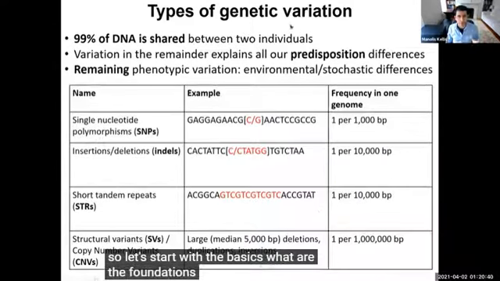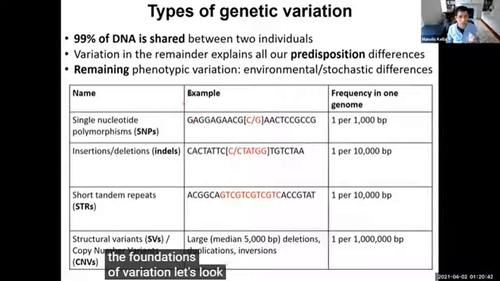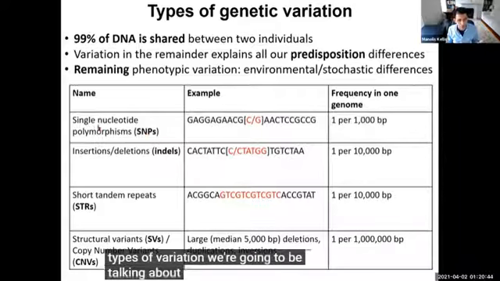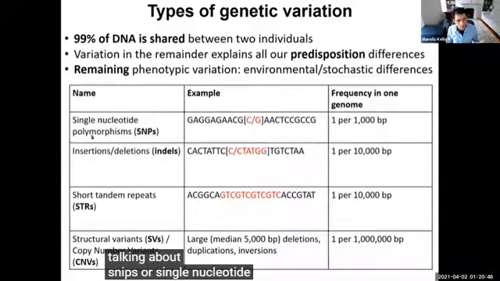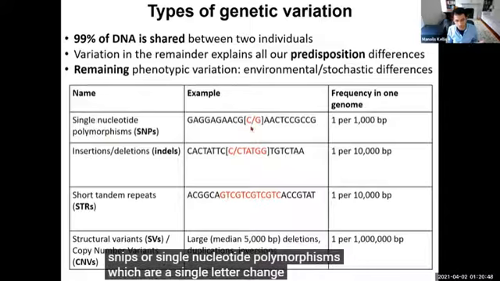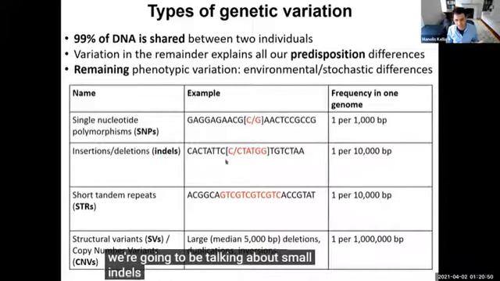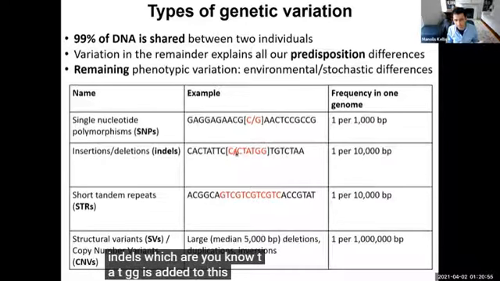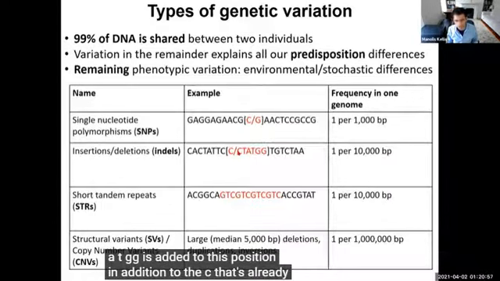What are the foundations of variation? Let's look at the different types of variation. We're going to be talking about SNPs, or single nucleotide polymorphisms, which are a single letter change. We're going to be talking about small indels, where TATGG is added to this position in addition to the C that's already there.